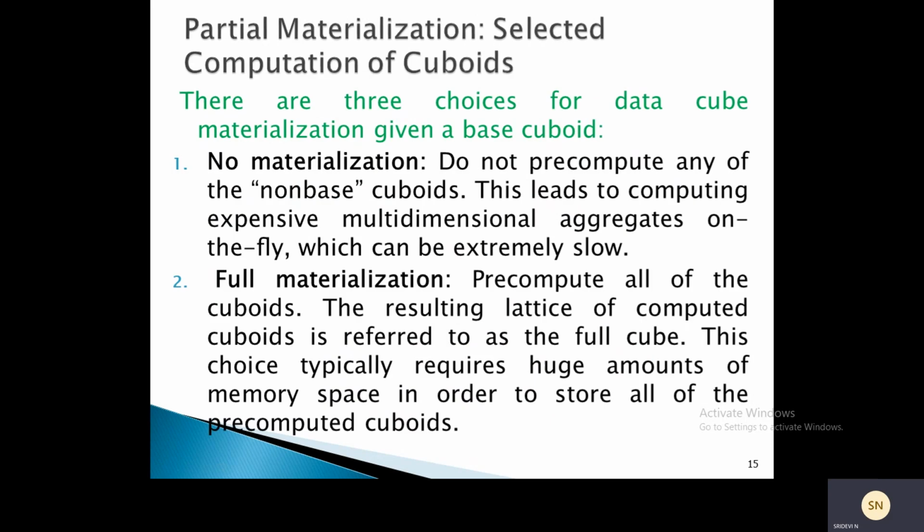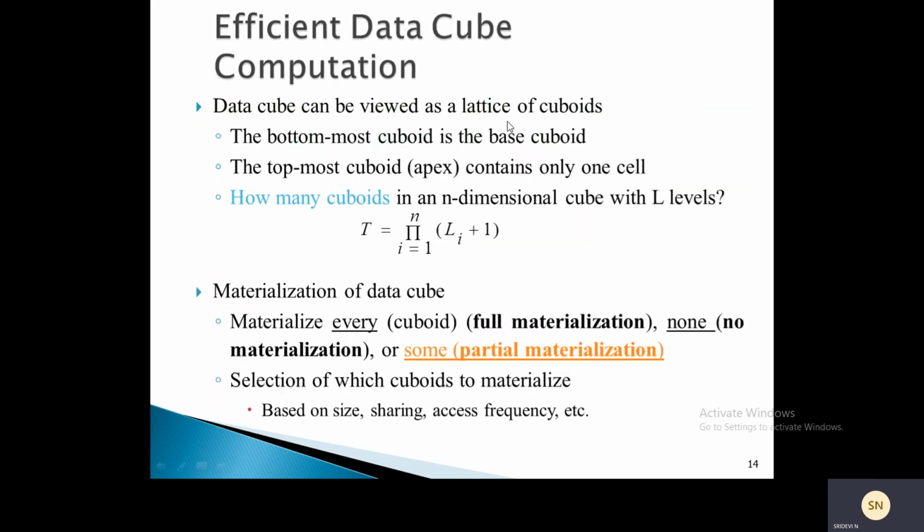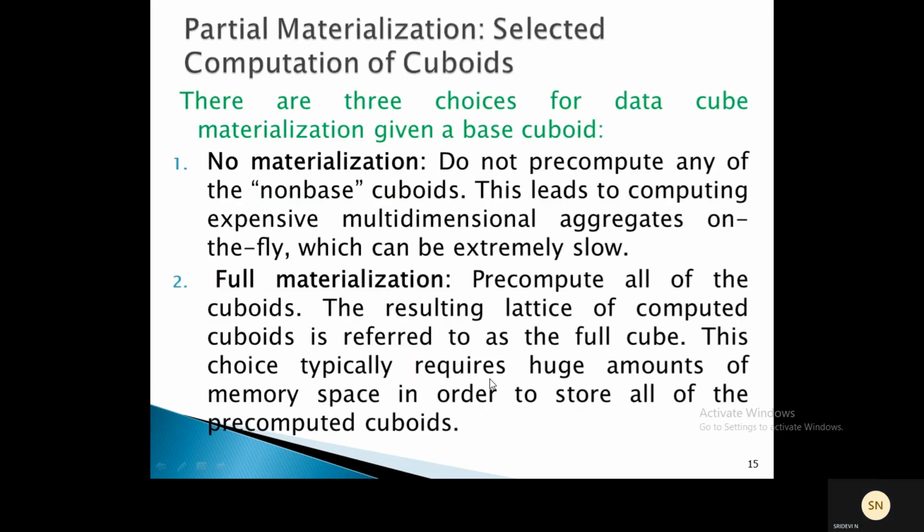So what is partial materialization? As we have discussed earlier, it is very difficult to pre-compute everything. We can materialize every cuboid, materialize none, or materialize only some based on size, sharing, access frequency. Partial materialization is the selected computation of cuboids. Here again we have three choices for data cube materialization.